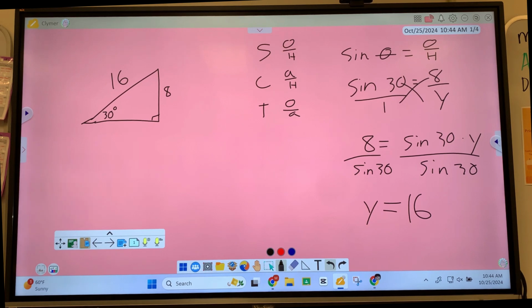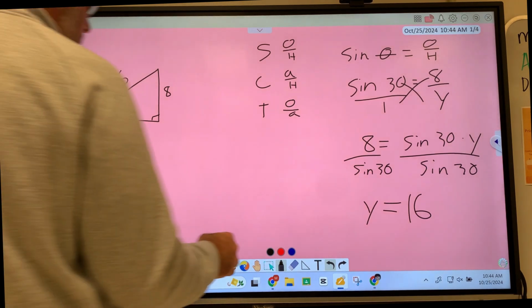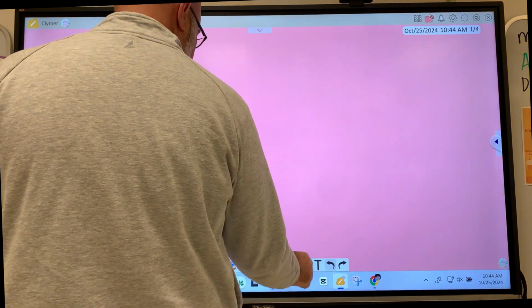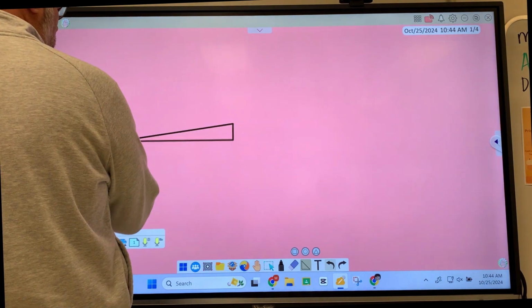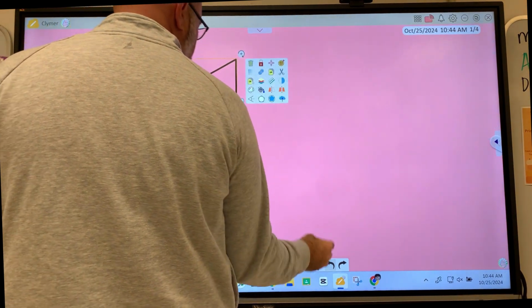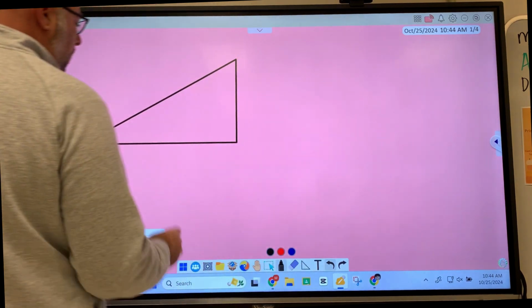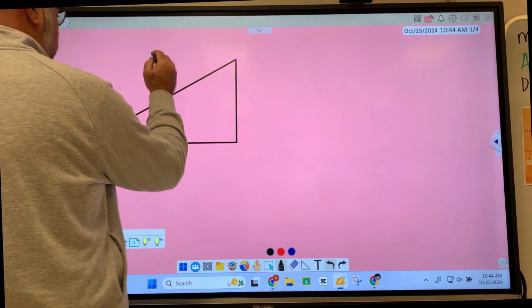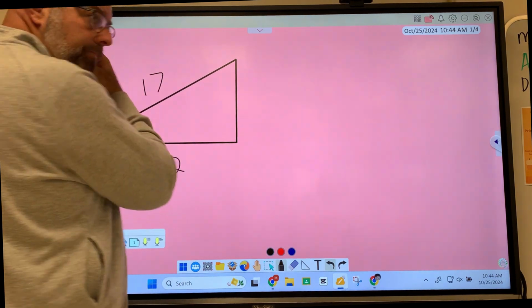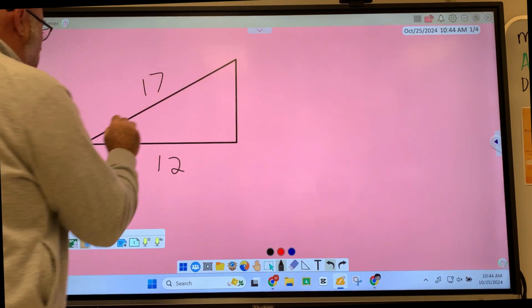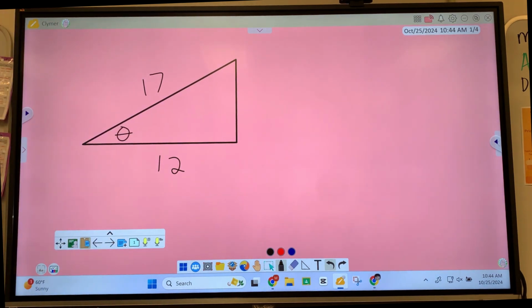There is one other way to manipulate this, and again, this is going to need your calculator. Let's say we have our triangle here with side length of, I don't know, 12 and 17. And now we don't know what angle theta is.